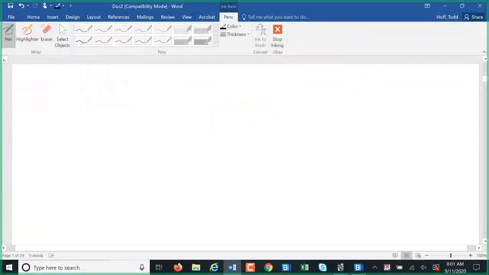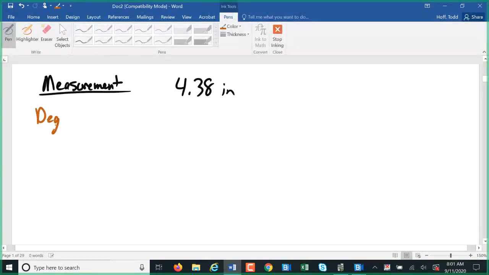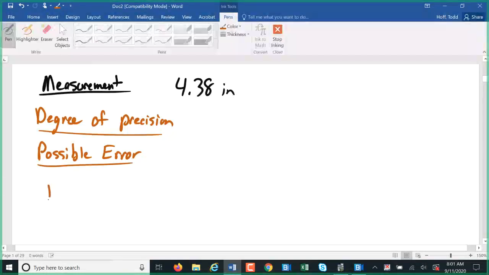So if I report a measurement in decimal units, in decimal inches here, 4.38 inches, in your notes, find for me the degree of precision, possible error, and then that implied range.